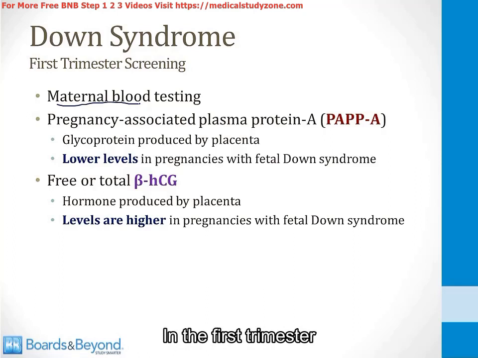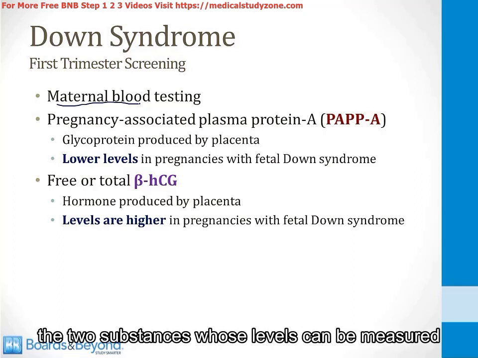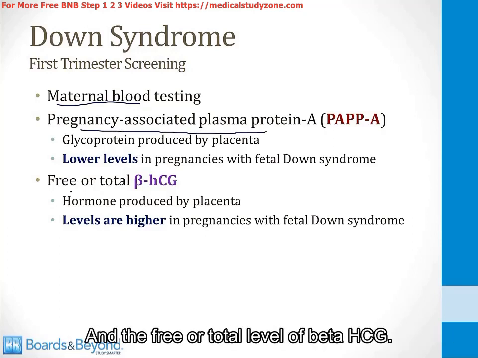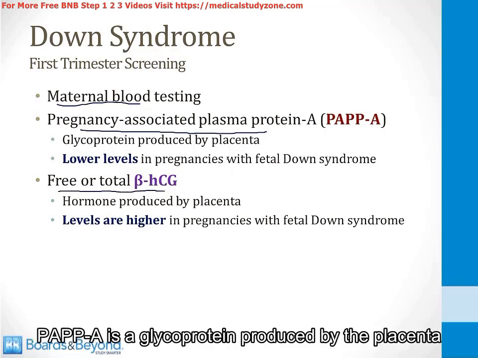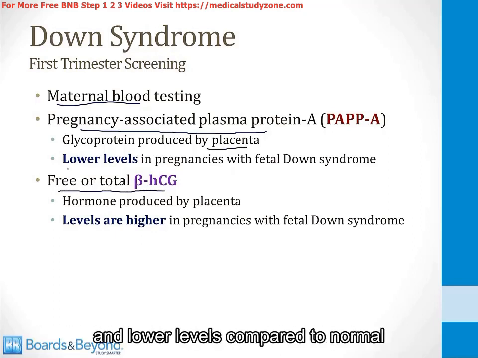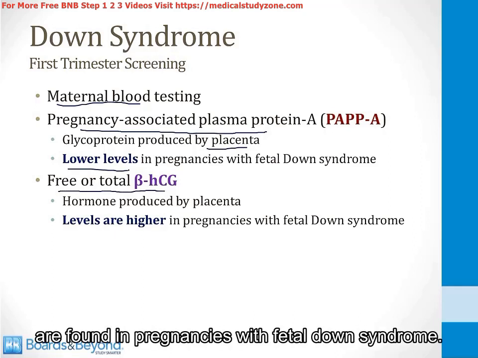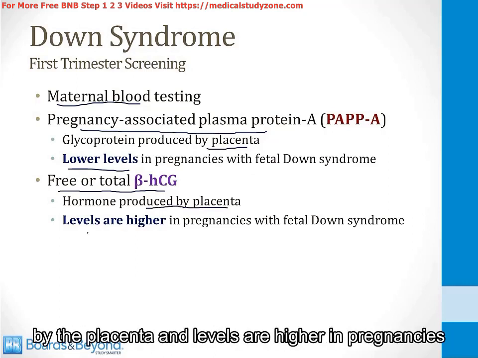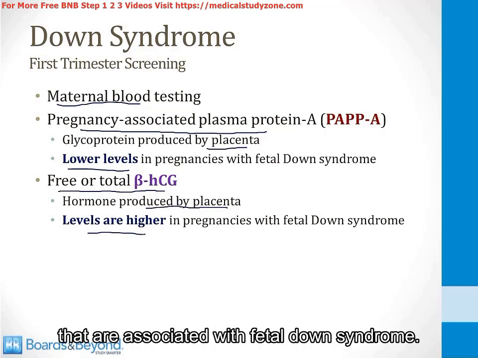In the first trimester, the 2 substances whose levels can be measured to screen for Down syndrome are the level of pregnancy-associated plasma protein A, or PAPP-A, and the free or total level of beta-HCG. PAPP-A is a glycoprotein produced by the placenta, and lower levels compared to normal are found in pregnancies with fetal Down syndrome. Beta-HCG, as you may know, is a hormone produced by the placenta, and levels are higher in pregnancies that are associated with fetal Down syndrome.